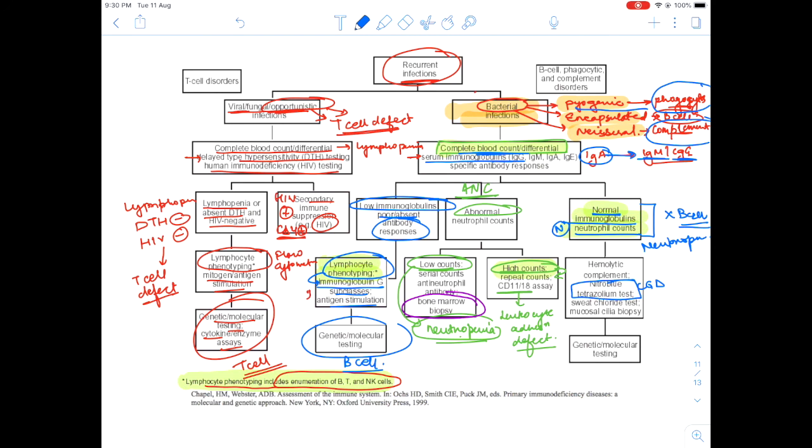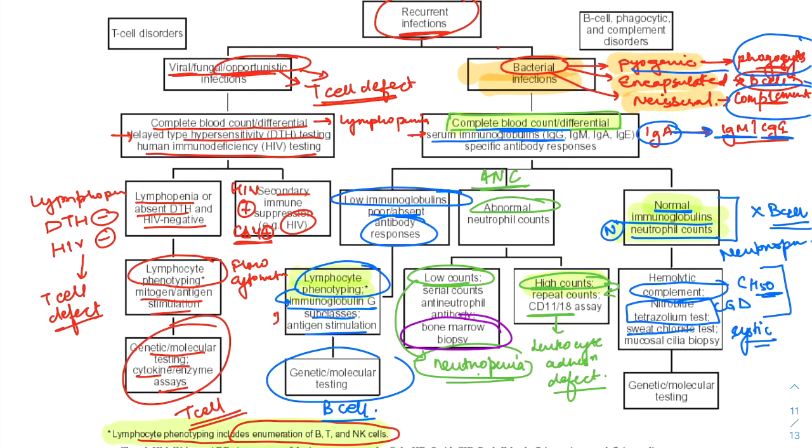Or to detect complement levels, we do the CH50 assay to indicate the intactness of the complement system. If these two are also not present, we have to suspect cystic fibrosis in the patient. Cystic fibrosis can be detected by either the sweat chloride test or the mucosal ciliary biopsy, and we can do genetic and molecular testing to further diagnose the cystic fibrosis.